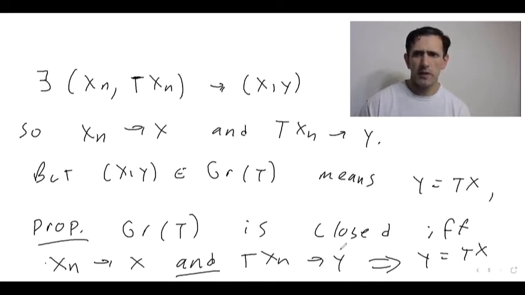Now this might look very reminiscent of continuity, T x_n converges to T x. The point is that when we say the graph of T is closed, we're assuming something very helpful that is not given to us a priori by continuity, and that is that T x_n converges to something. So to prove that the graph of T is closed, that's the same thing as saying, let me rephrase this.